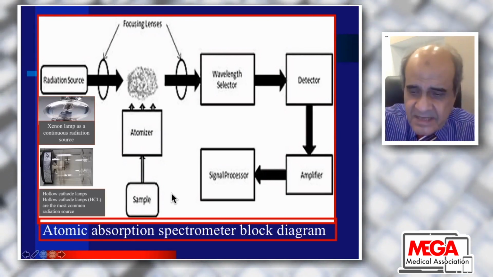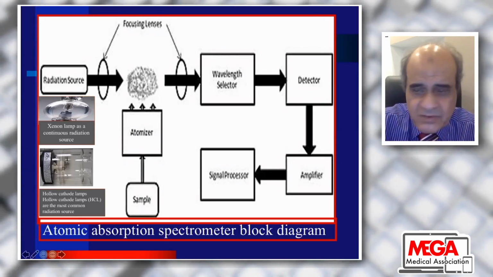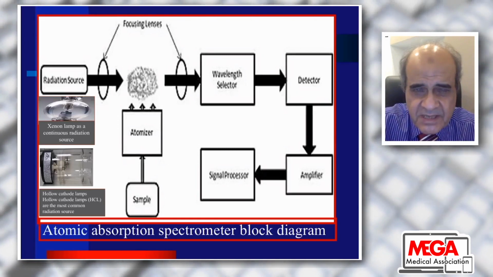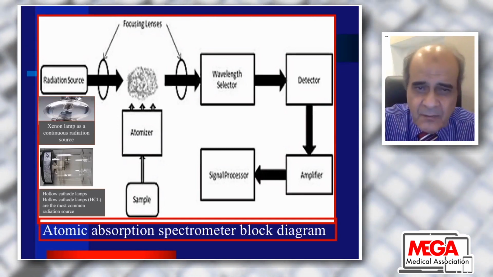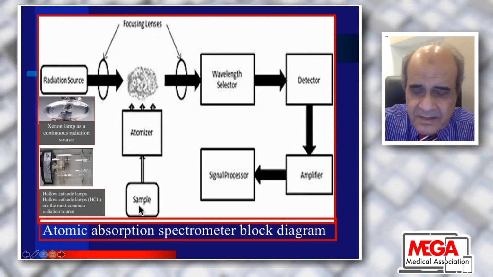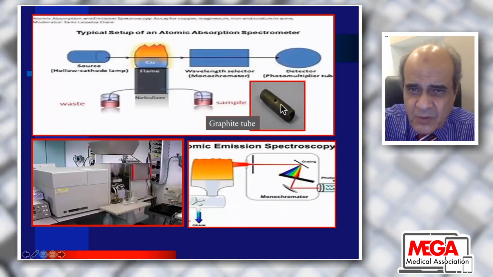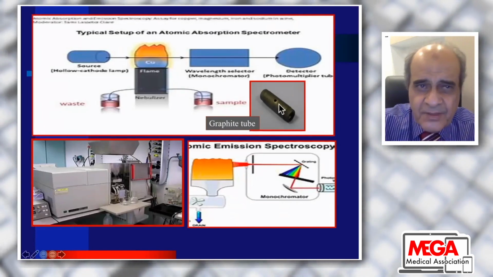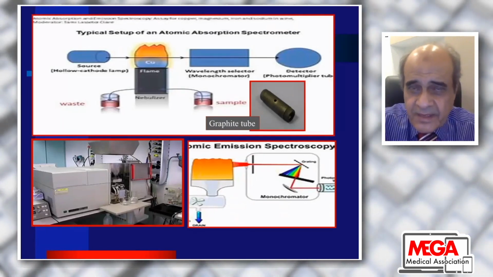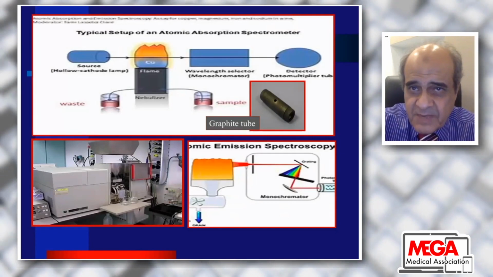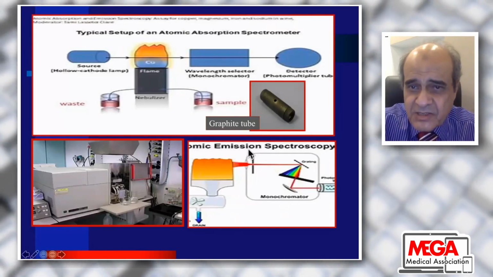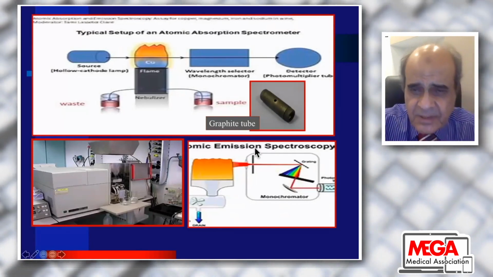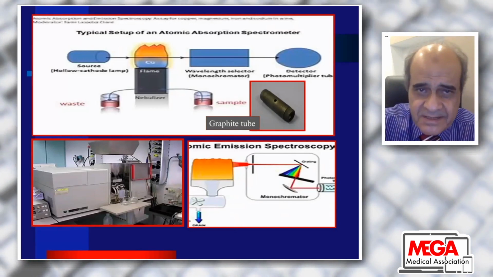This is a diagrammatic representation of the machine used for trace element estimation in the tissue and in the blood. We put the sample here in a small graphite tube for collecting the sample. We depend on a typical setup of atomic absorption spectrometry or emission spectroscopy for measuring the trace element.